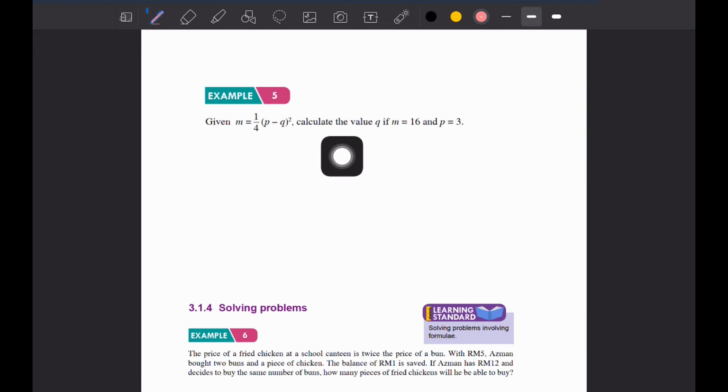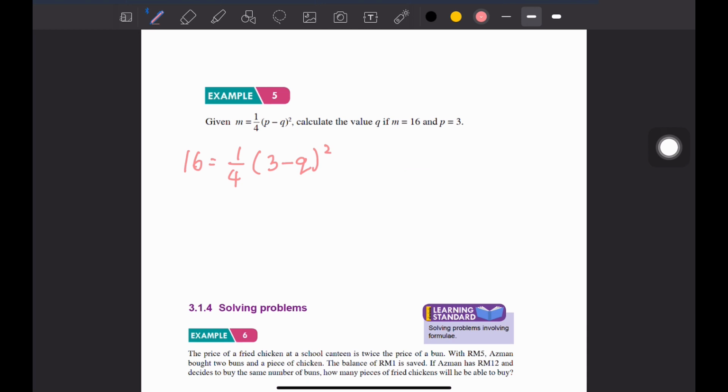So 16 is equal to 1 over 4 times 3 minus q squared. Now the 4, move to the other side, it becomes multiplication.